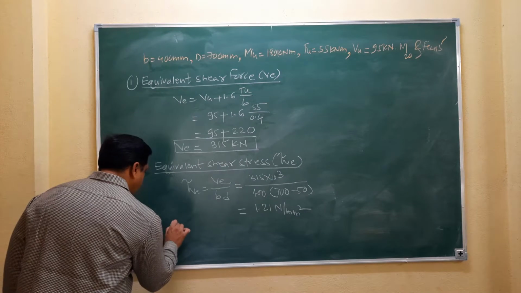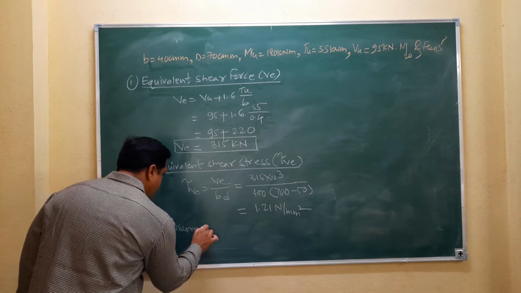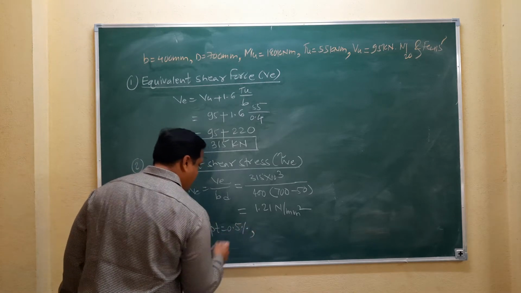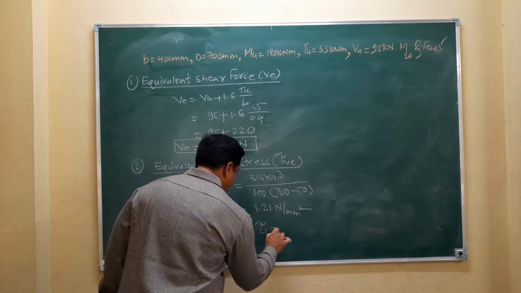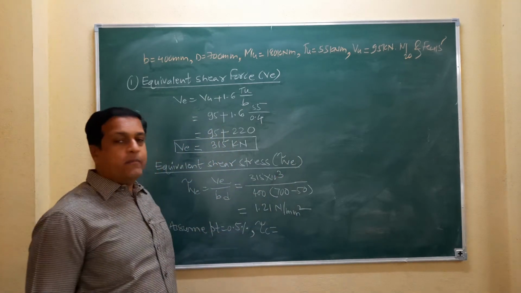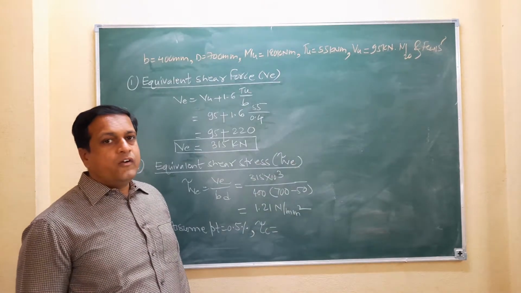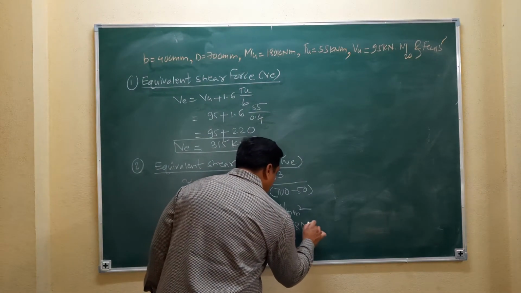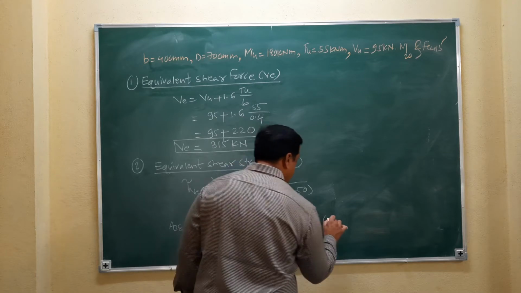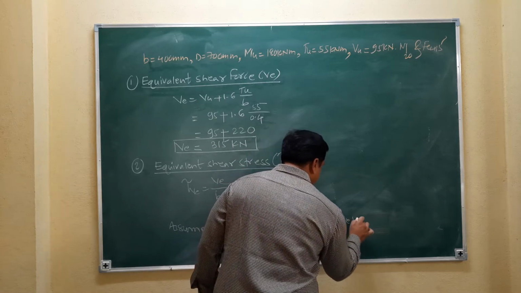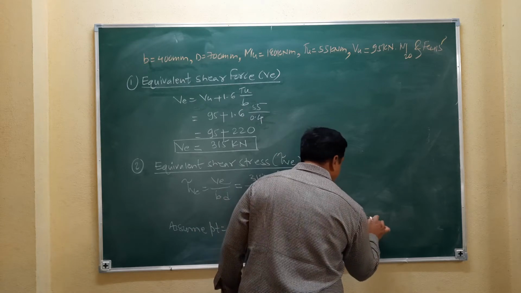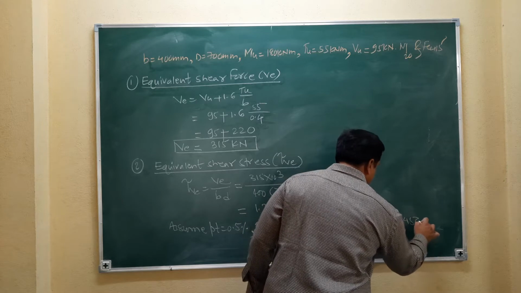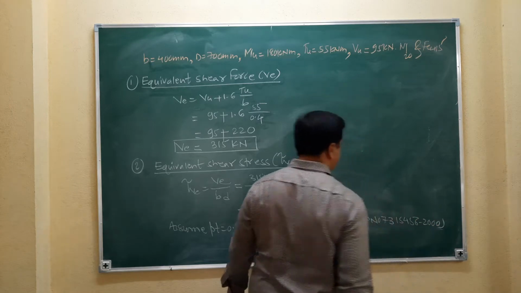For that, assume pt 0.5%. So we know that for M20 grade concrete, table number 19, for pt 0.5, the tau c is 0.48 megapascal, with the reference of table 19, page number 73, IS 456 2000 version.